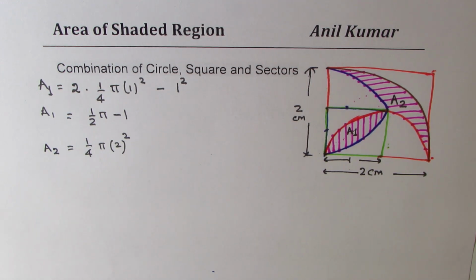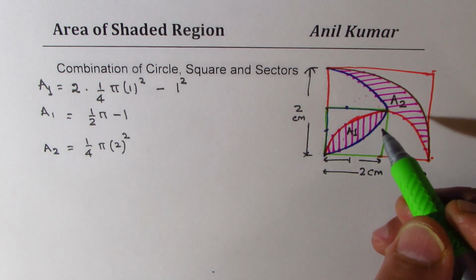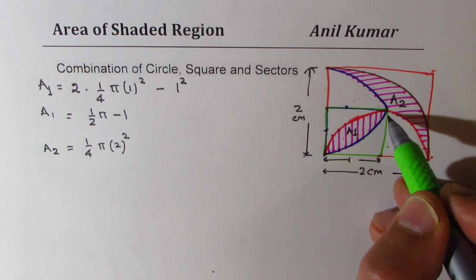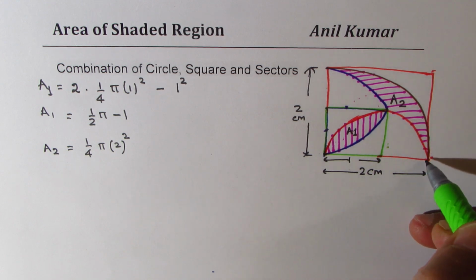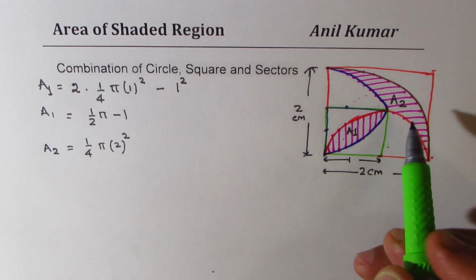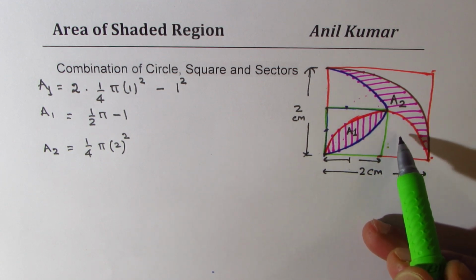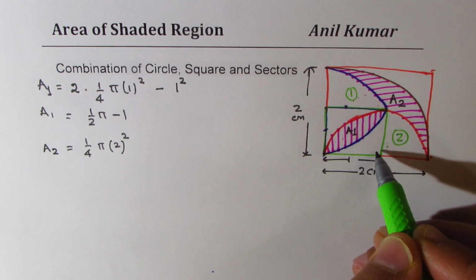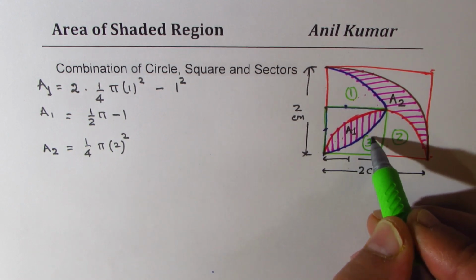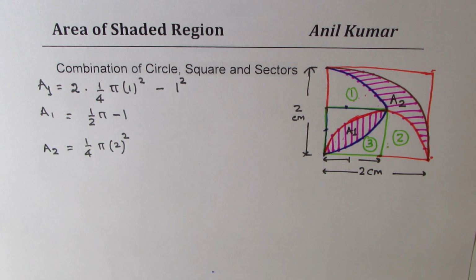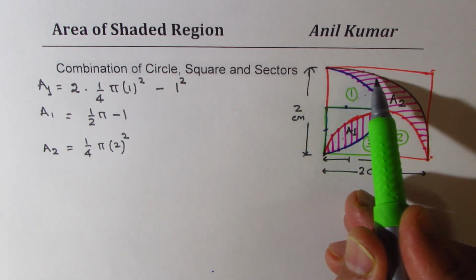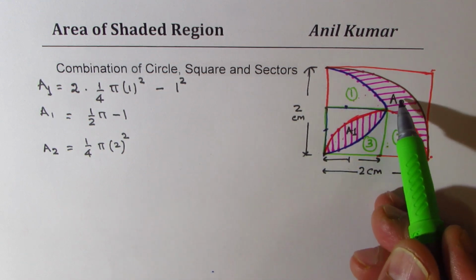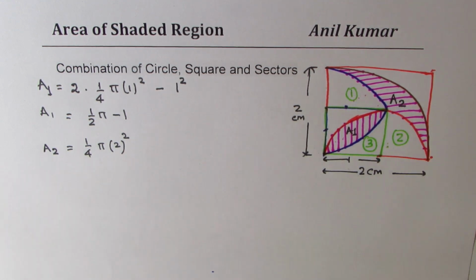And from this area, we'll take away this portion, which is, you can say, 1, 2, and this whole 3. Correct? So if I take away from this area 1, 2, and 3, I get the area of A2. Correct? So let's do it.